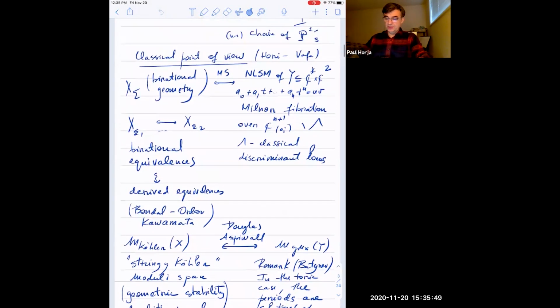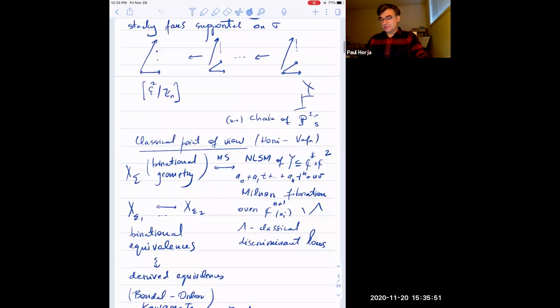So essentially, you take different resolutions, which in the world of Deligne-Mumford stacks, as I said, are all as good as any.